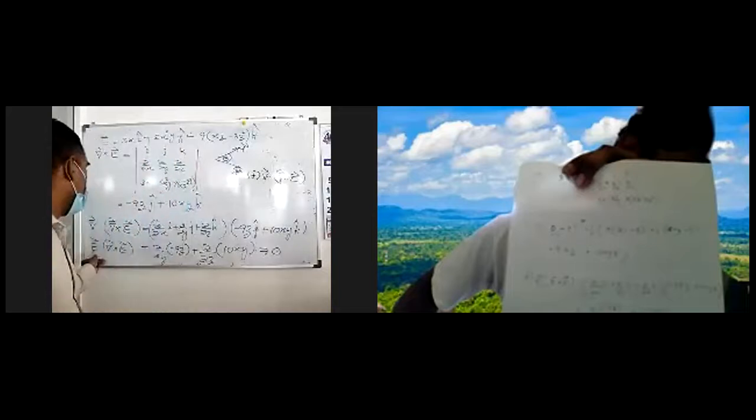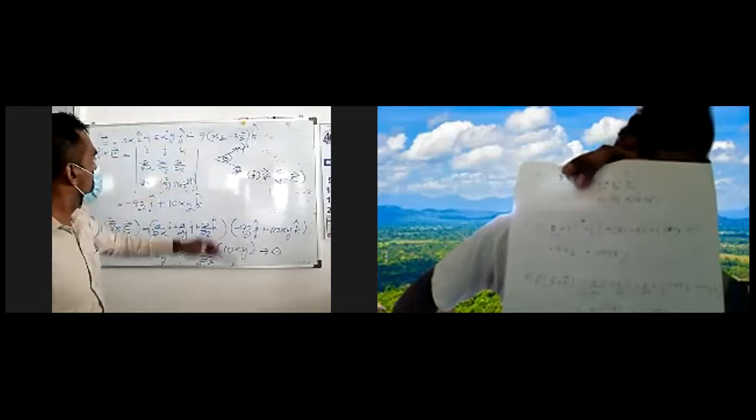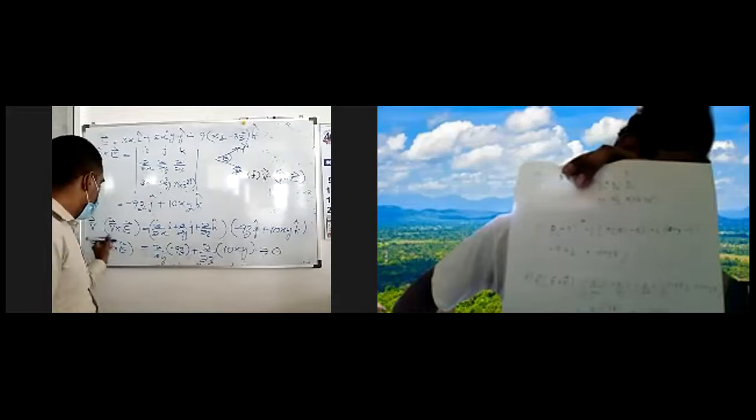You can check this because j is this 5 and k this here is to be 0. No, this is not 0. This is 0. This is not 0. What is the meaning?